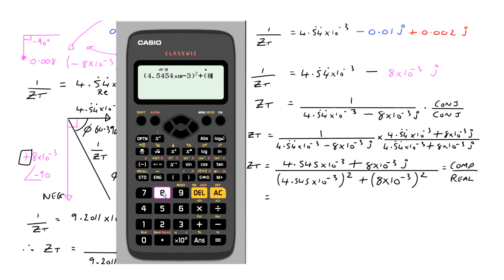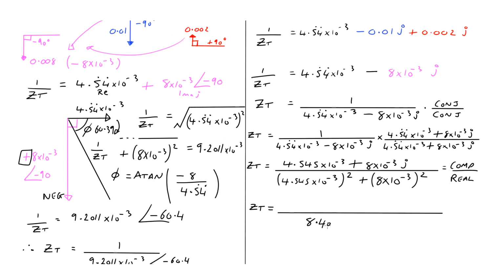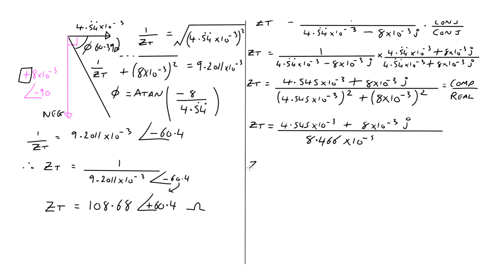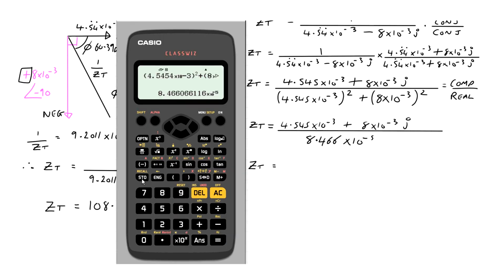We're squaring the two terms on the bottom to find the new denominator, and that's 8.466 times 10 to the minus 5. We already had the numerator, which was the conjugate, and then you just split it up and divide both sides by 8.466 times 10 to the minus 5, which I'm storing in a memory location on the calculator.